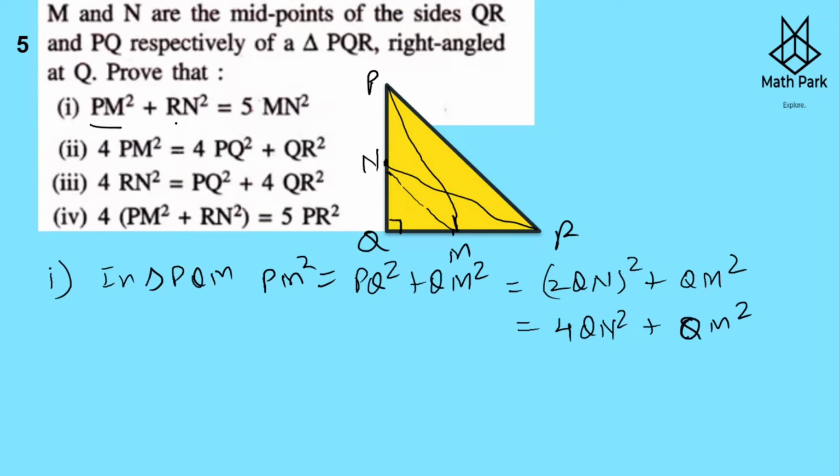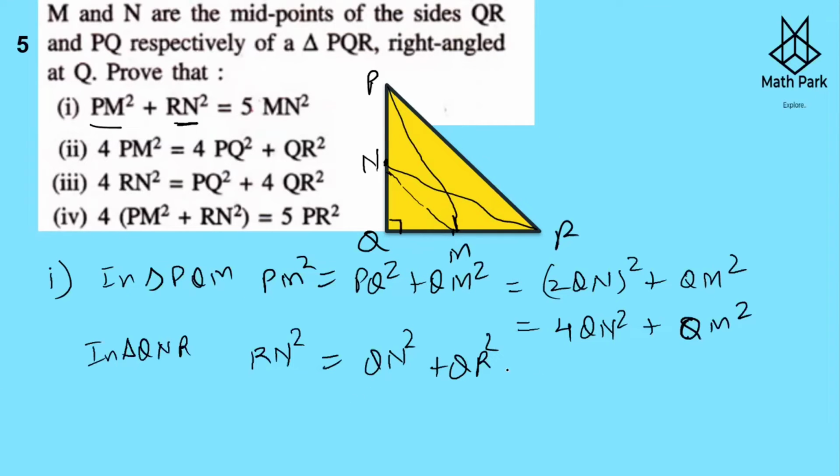Now let us go for RN square. RN is the hypotenuse of triangle NQR. So in triangle QNR, you have RN square is equal to QN square plus QR square. Now QR can be written as 2QM.